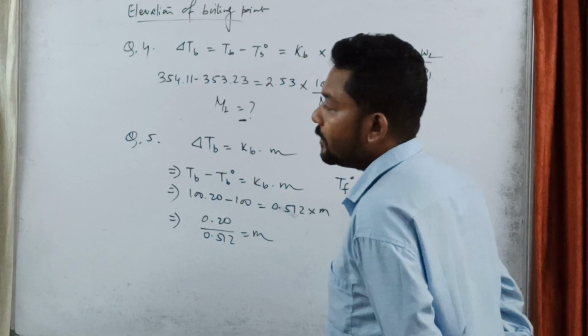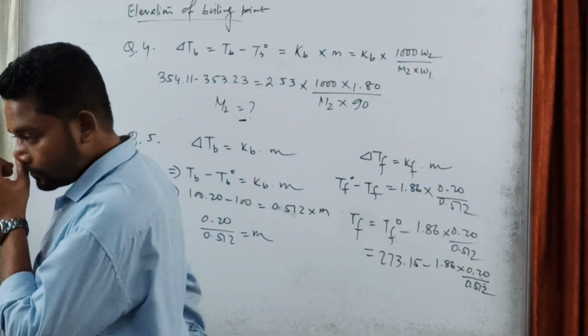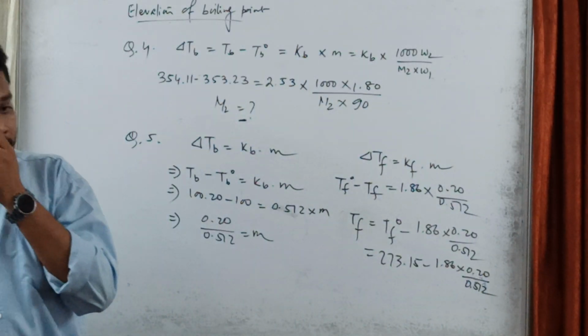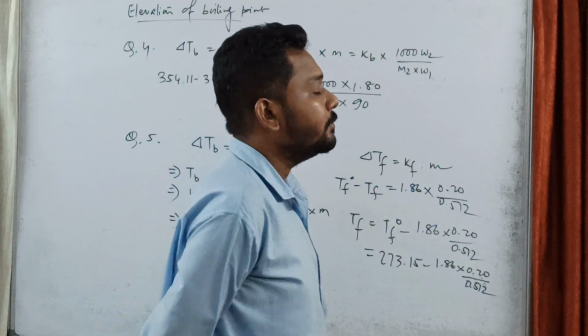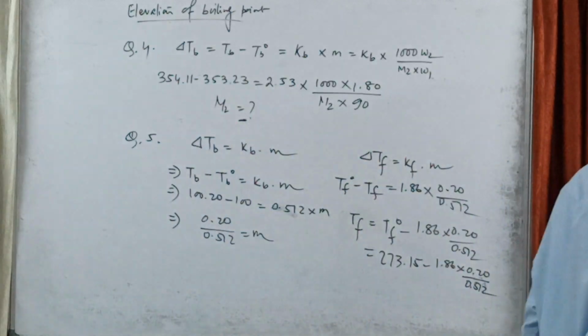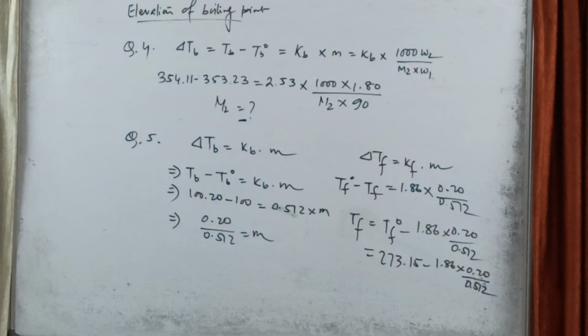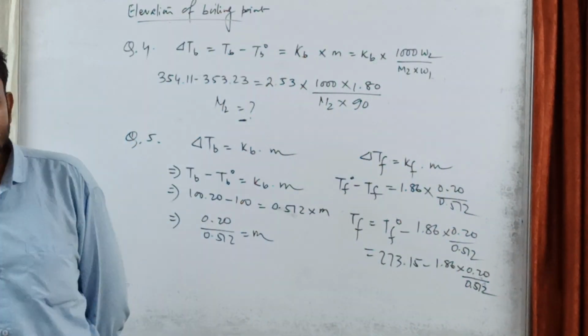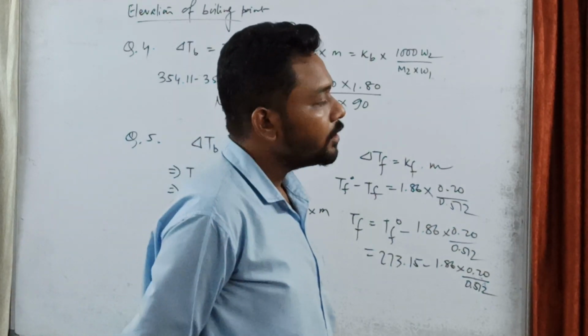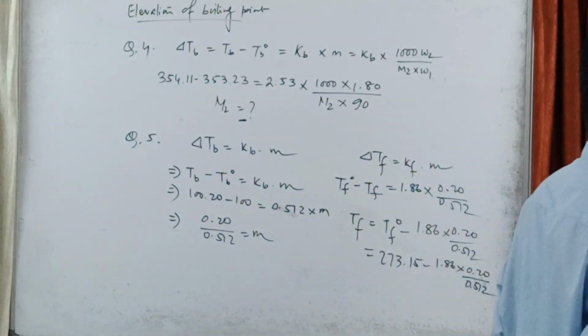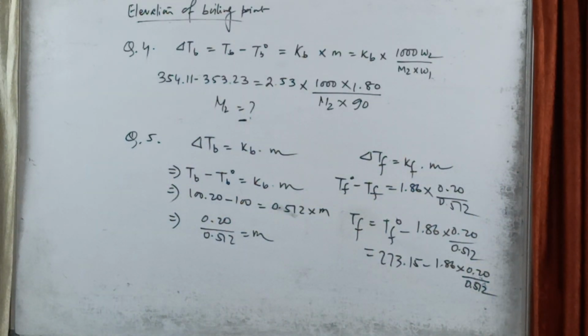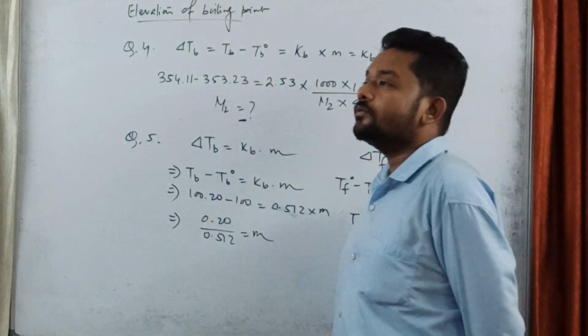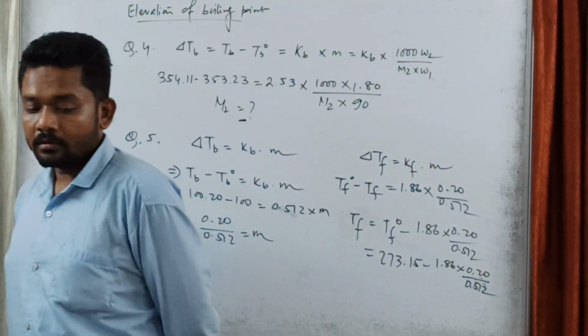NaCl is an electrolyte and will dissociate into Na plus and Cl minus. So the number of solute particles, the number of ions, increases, leading to elevation of boiling point.